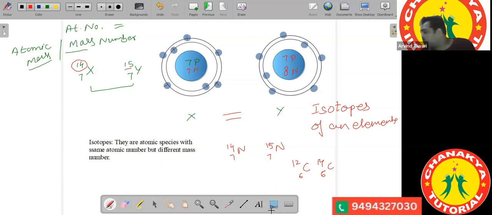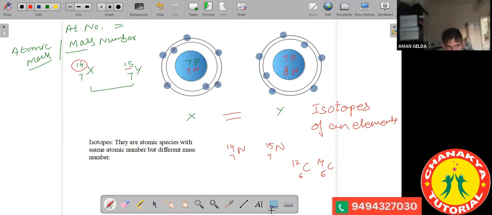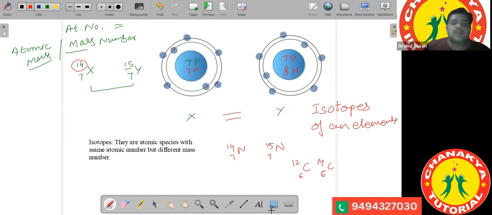Will they have similar chemical properties or different? They will have similar chemical properties. They will have exactly the same chemical properties, and hence they are the same element.